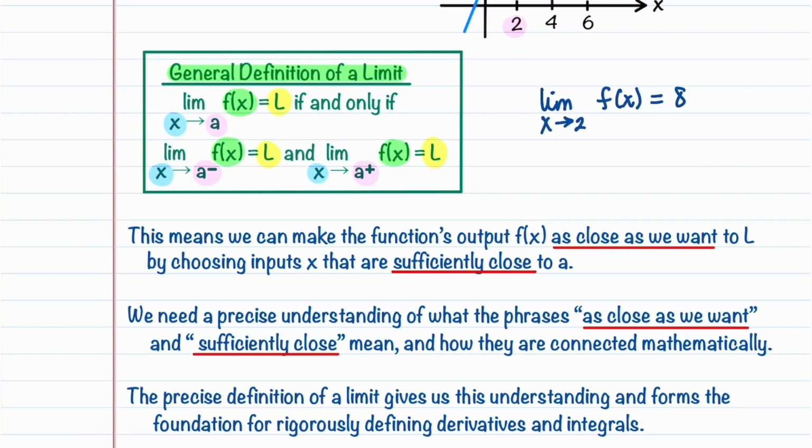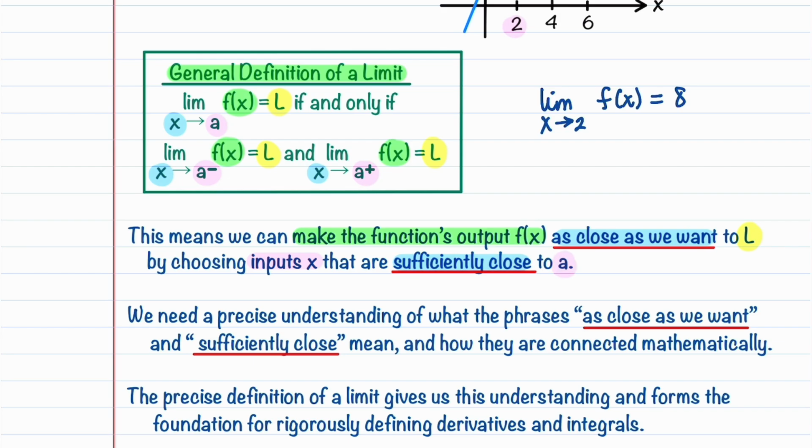Our limit definition means that we can make our function's output f of x as close as we want to our limit L by choosing inputs x that are sufficiently close to the value a.